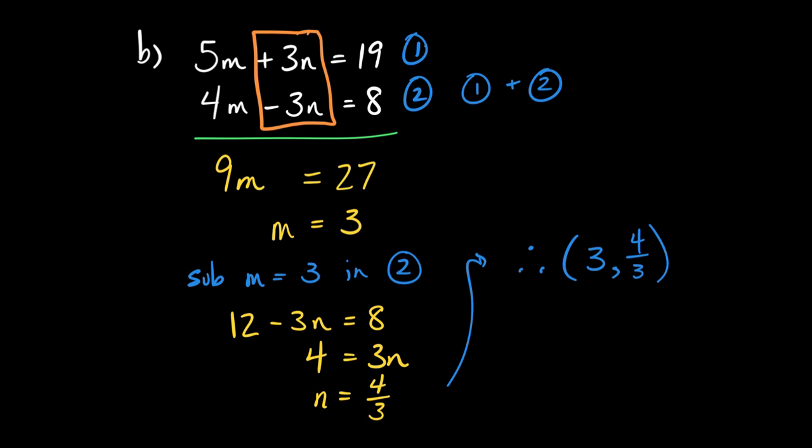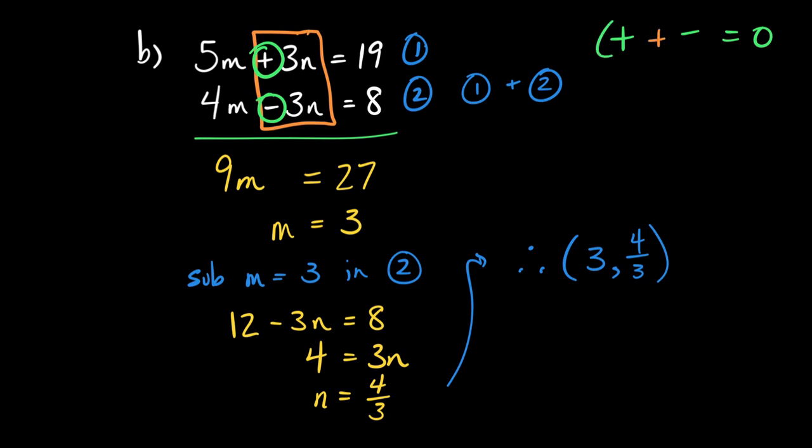My decider then becomes, okay, should I add them together or subtract them in order to eliminate? And something that can really help you out: look at the signs on the two terms. If I have one term that's a positive and one term that's a negative, I have opposite integers. And if I want to get those opposite integers to cancel out to give me a 0, then I need to add them together.